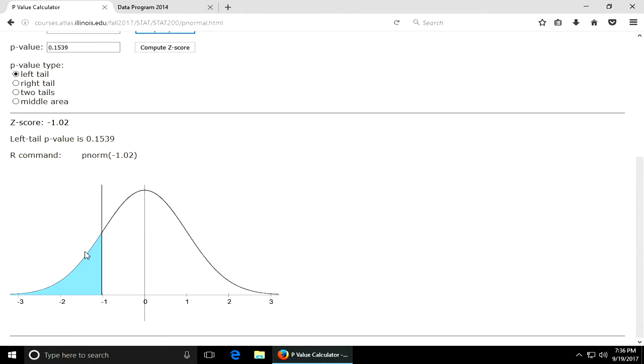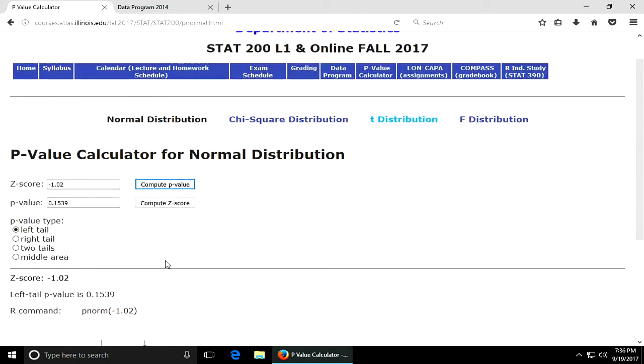So write that down in your books, that p is equal to 15.39%. That's pretty big. It agrees with what we got by confidence intervals. It's very plausible that we can't reject the null, that the correlation coefficient and the slope within the whole population is 0.